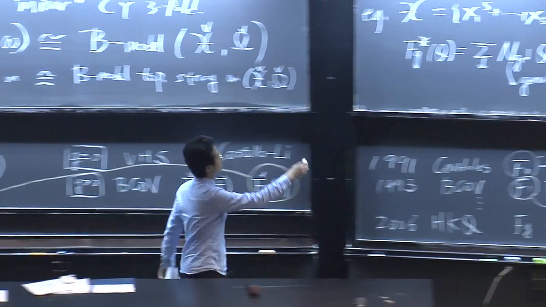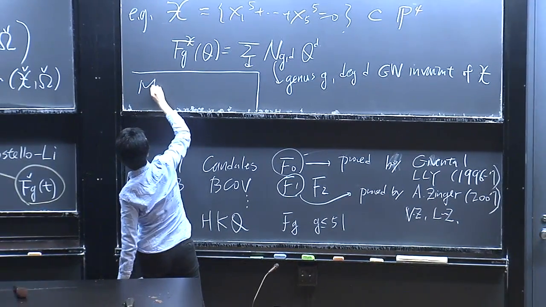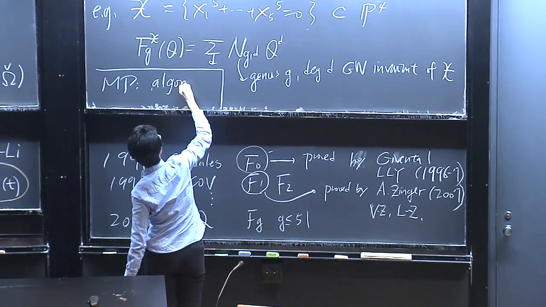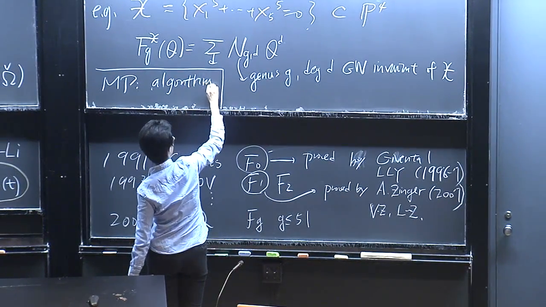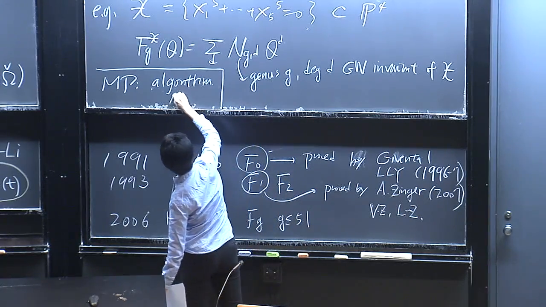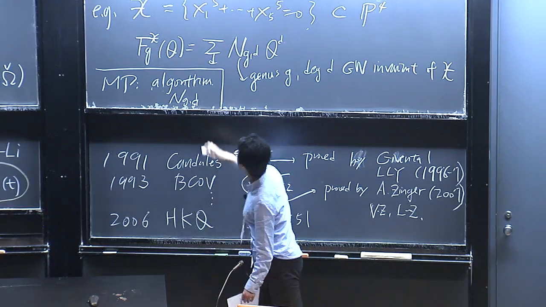Also, I should say that in 2006, Maulik-Pandharipande has a mathematical algorithm, based on degeneration, computing this N_{g,d} for any genus and degree.